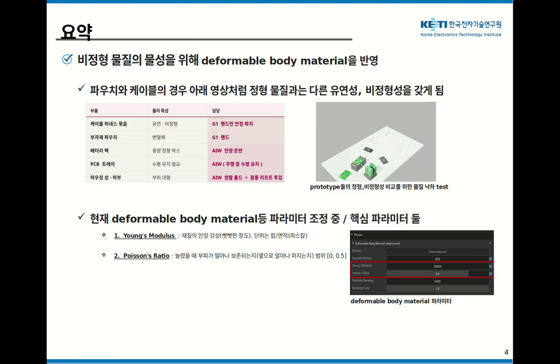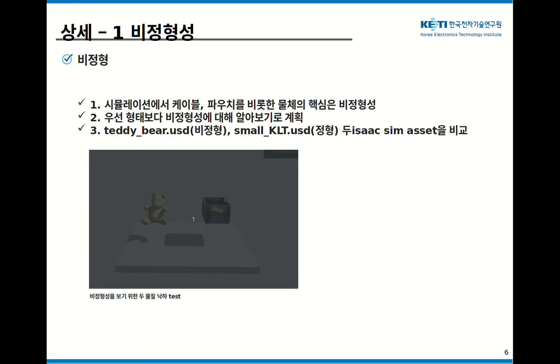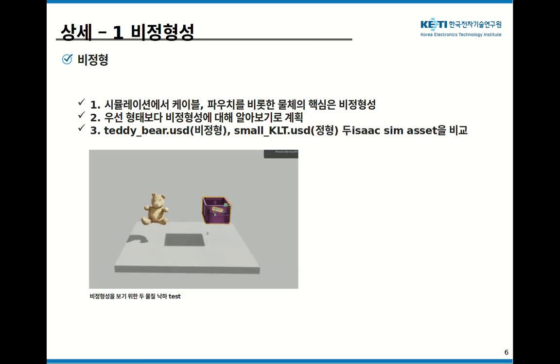And to compare the rigid and amorphous nature of the prototype, I did a material drop test. In simulation, the core of objects like cables and pouches is their amorphous nature.